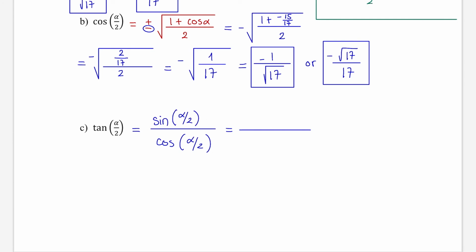Sine of alpha half was found in part A, 4 over square root of 17. Cosine of alpha half was found in part B, negative 1 over square root of 17. And I'll just simplify this fraction. I'll have 4 over square root of 17 times negative square root of 17 over 1. Square root of 17 cancels out. I end up with negative 4.